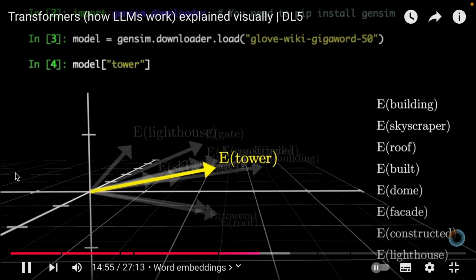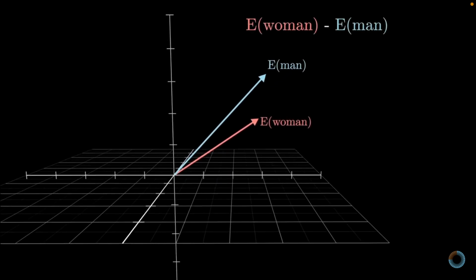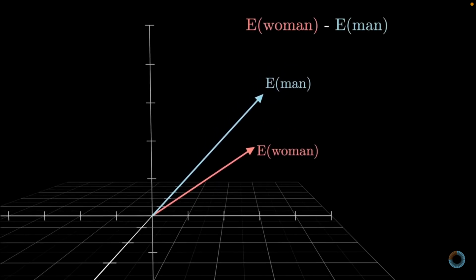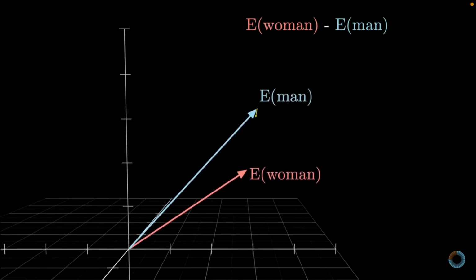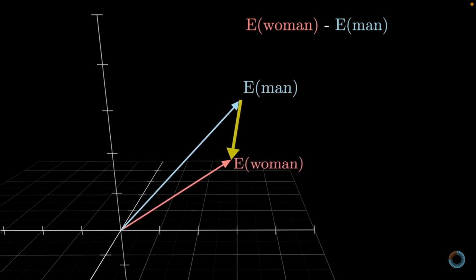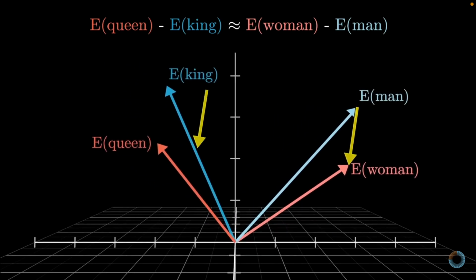That directions in the space can carry semantic meaning. A very classic example of this is how if you take the difference between the vectors for woman and man, something you would visualize as a little vector in the space connecting the tip of one to the tip of the other, it's very similar to the difference between king and queen.